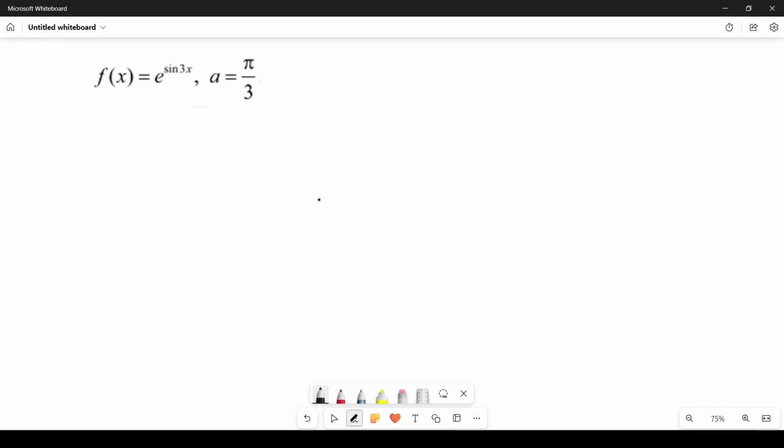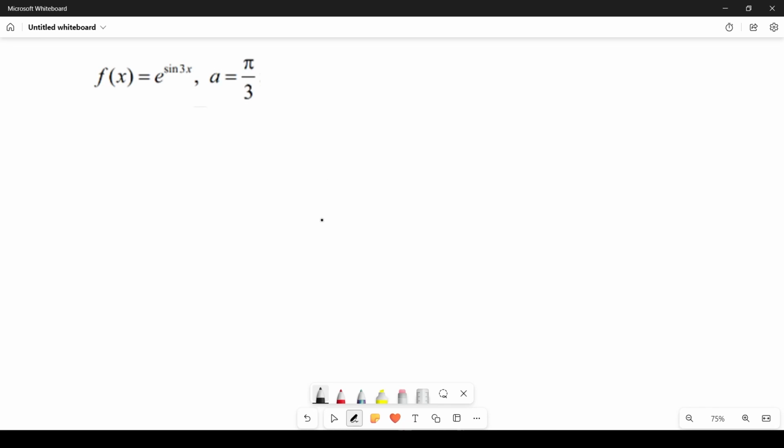And now here comes the third question, which states that the function f is the Euler number to the power of sine of 3x, and we know that a is pi over 3.